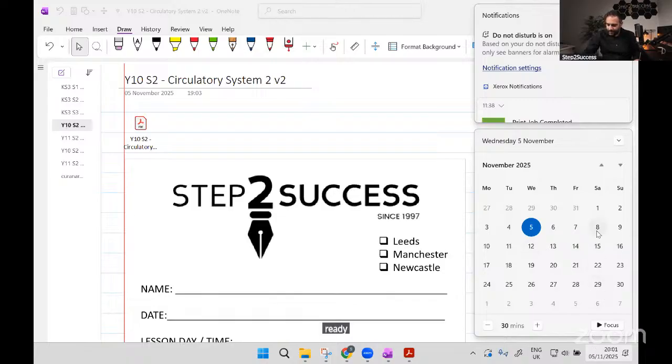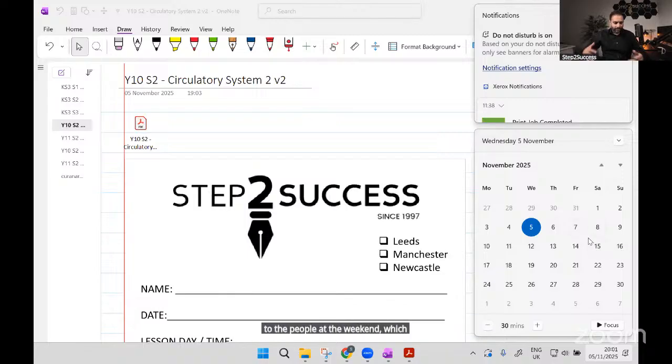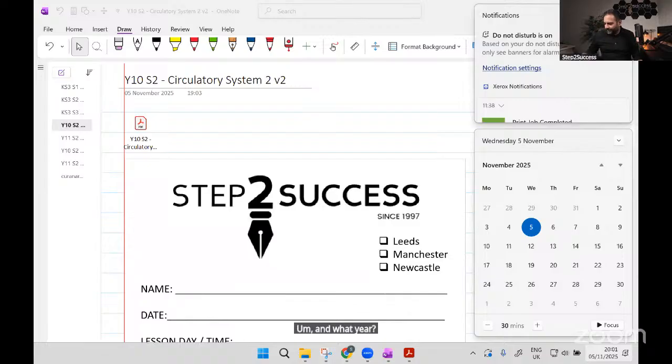And then the rest of you will have done some biology, and that'll happen each week this month, where people attending on a Friday or a Thursday will do something different to the people at the weekend, which means I have to have four things ready to go, as it were. So if you have any questions, please just specify the subject as well, whether it's maths or biology, and what year, and then I will have the relevant homework ready. And if nobody has any questions, then I will do a little bit of revision of a few different things.